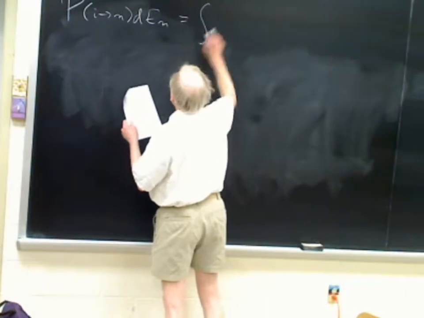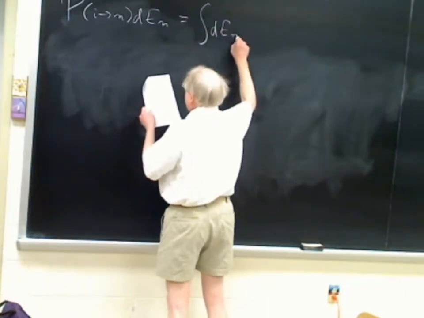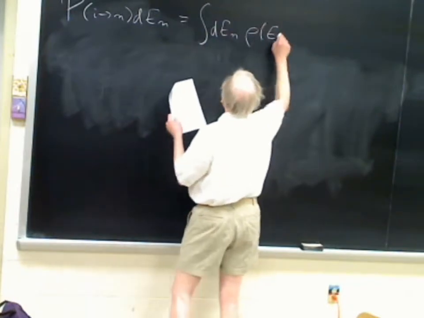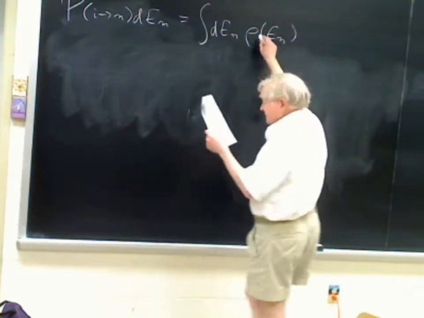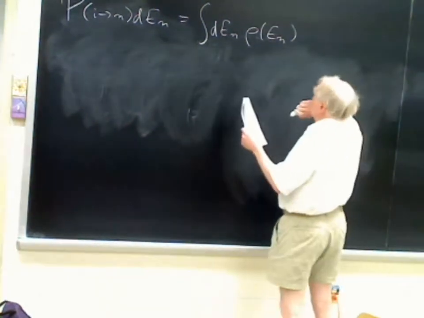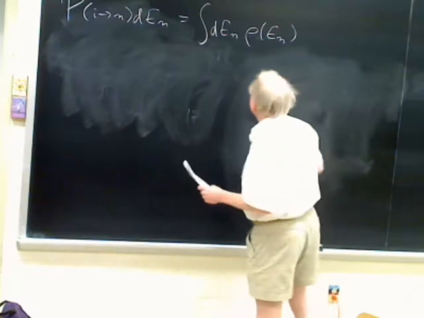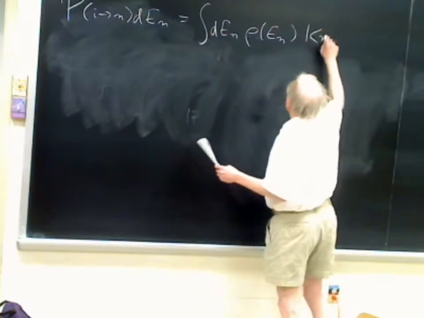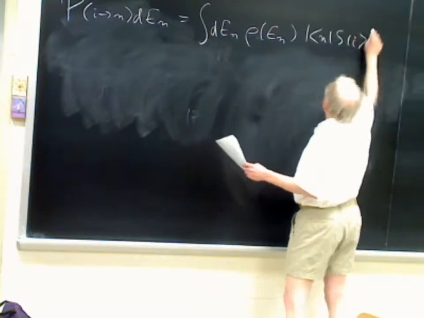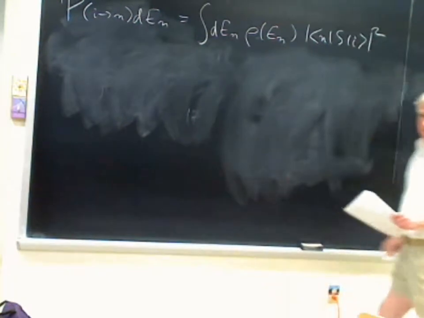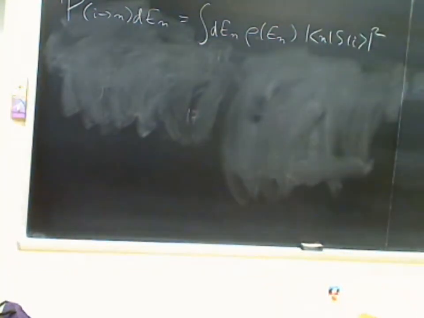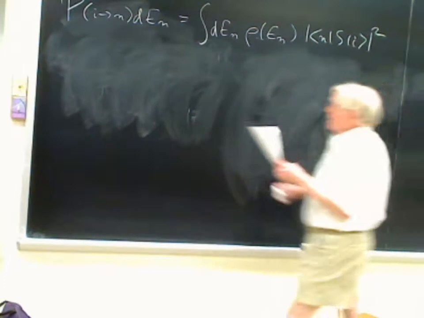So this is an integral dn rho of En, where this is the density of states, times this |Vni| squared.